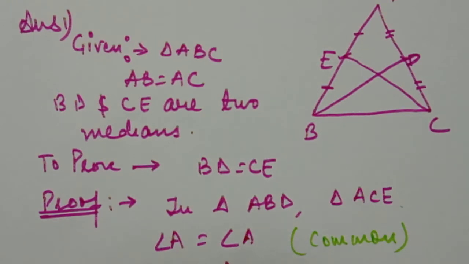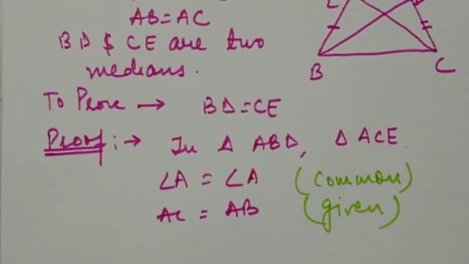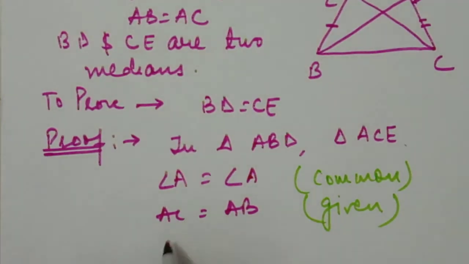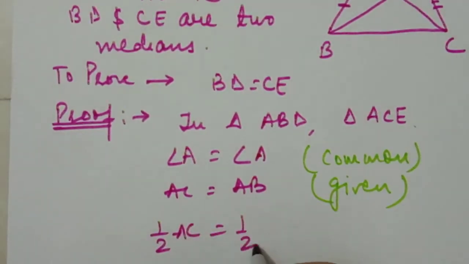AC is equal to AB because it is given. And another condition is, he said that BD and CE are the medians, so if AC and AB are equal, then half of AC and half of AB are also equal to each other.